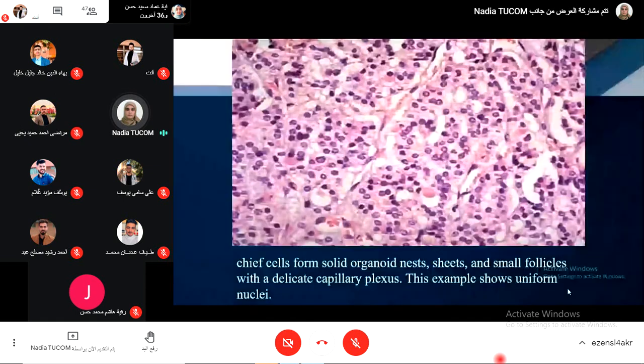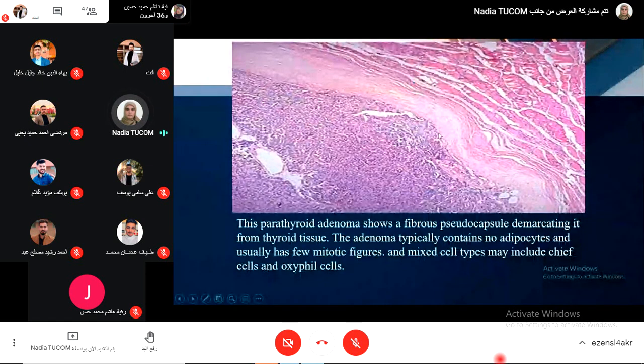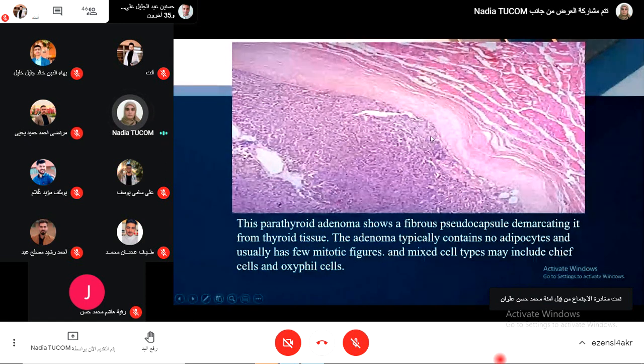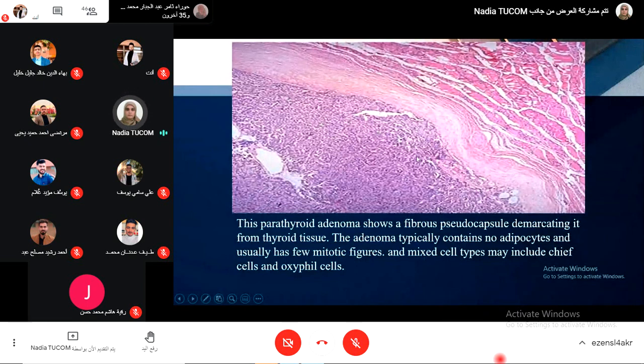This is the capsule, or well encapsulation, and this is the adherent or attached thyroid tissue. These are the follicles filled with colloid, and this is the parathyroid neoplasm, mainly chief cells and foci of oxyphil cells with little or no fatty lobules.